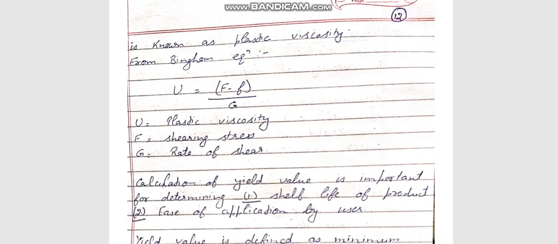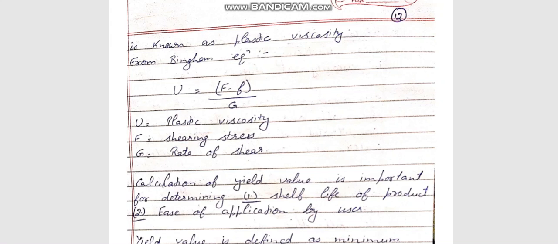It means it will not start from the point 0. The equation used for such systems is the Bingham equation, U = (F - f)/G. Here U is plastic viscosity, F is shearing stress, and G is rate of shear.